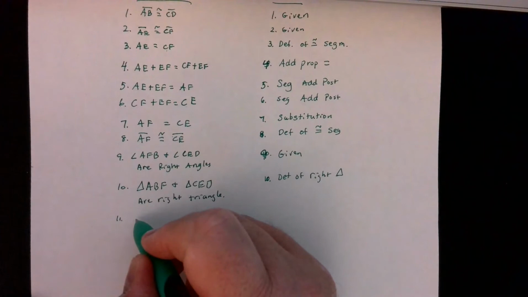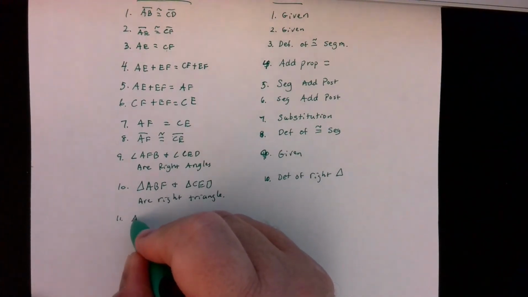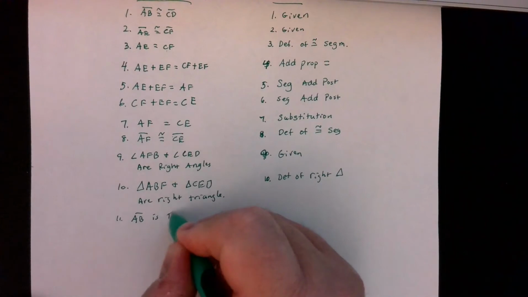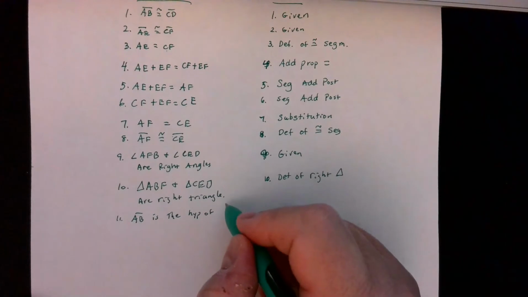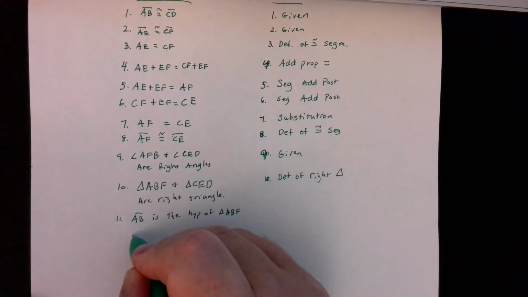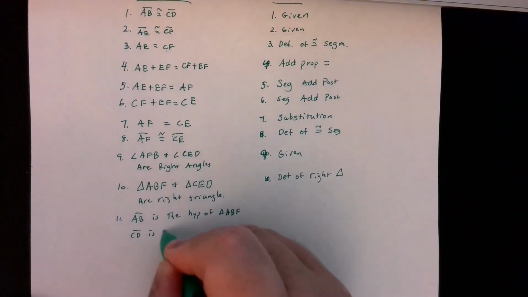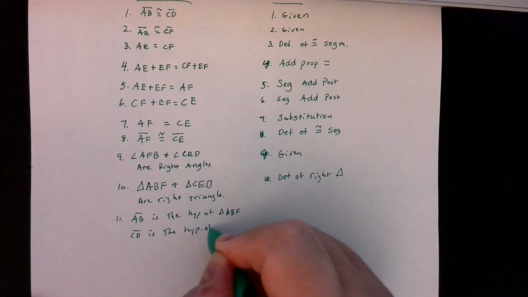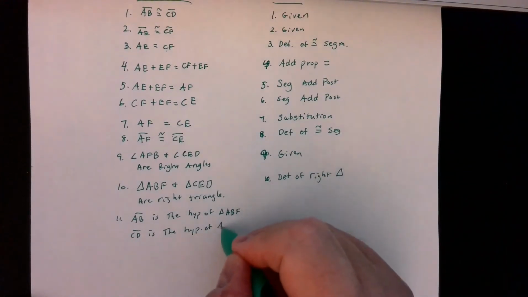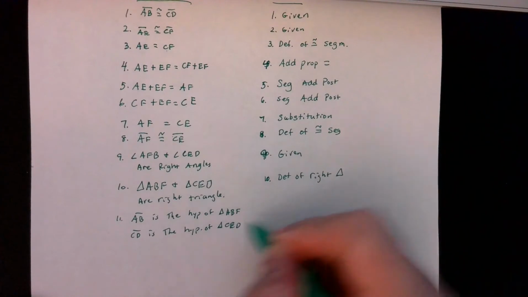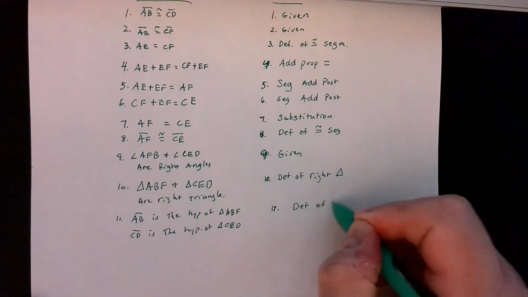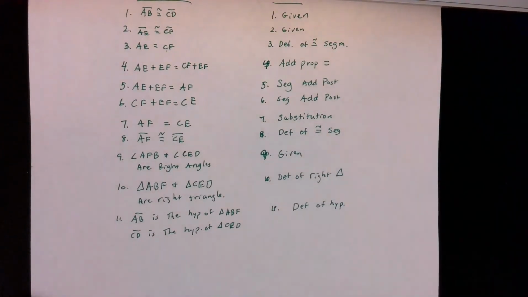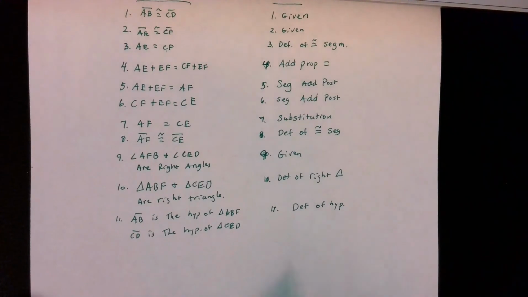So we've got segment AB is the hypotenuse of triangle ABF, and CD is the hypotenuse of triangle CED, and this is number 11. This is definition of hypotenuse. Hypotenuse is always across from the right angle.